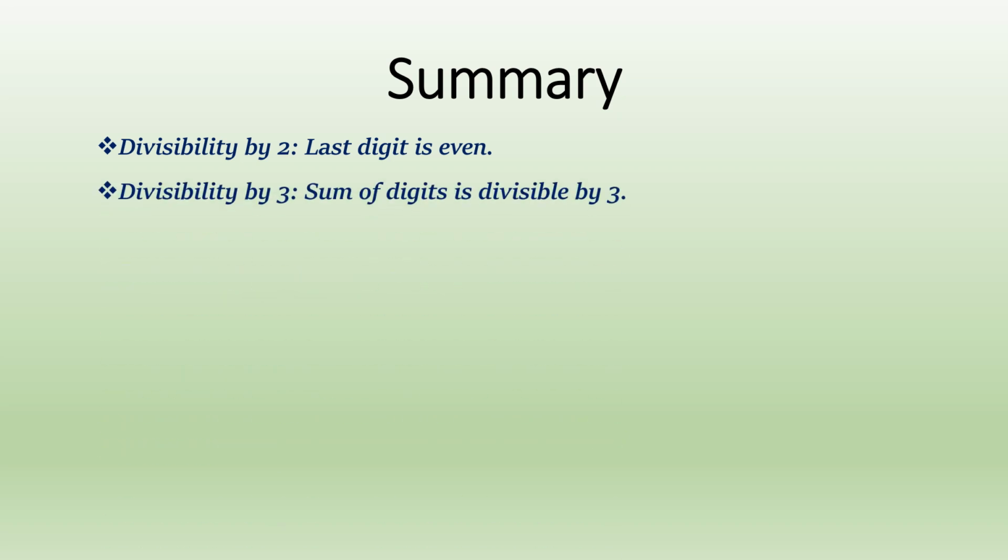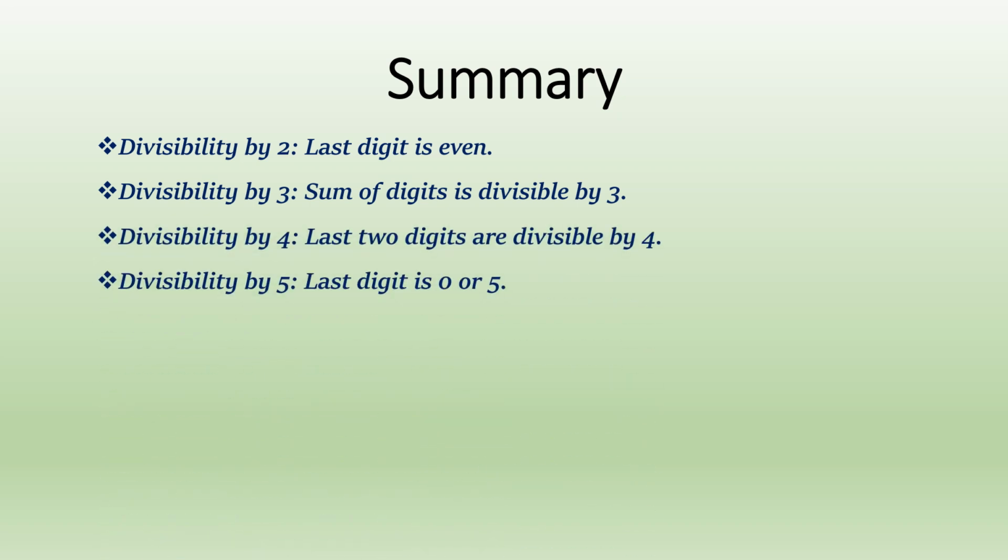Let us summarize the points one by one. Divisibility by 2: when the last digit is even. Divisibility by 3: the sum of digits is divisible by 3. Divisibility by 4: the last 2 digits are divisible by 4. Divisibility by 5: the last digit is 0 or 5.